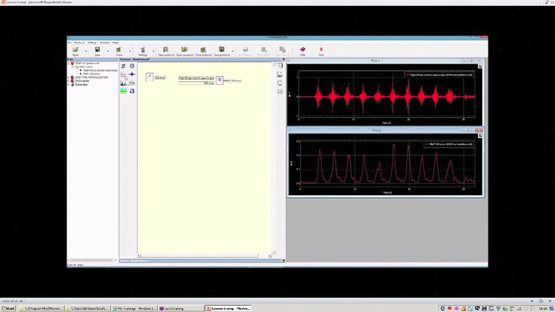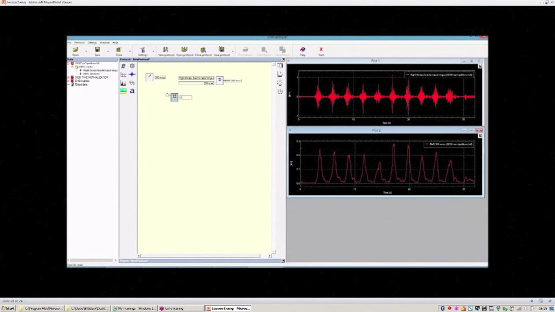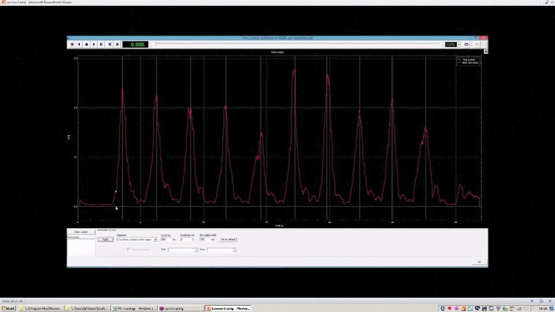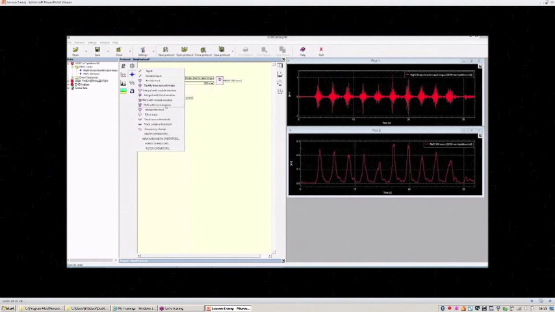To perform the time normalization, we need to define some events. So we can choose this operator, event sequence on one object, to identify the time events. Okay, and for example, we can choose as events the time peaks of the signal that are represented by those vertical lines. So now we can compute the time normalization, the signal normalized with respect to the duration of the cycle.